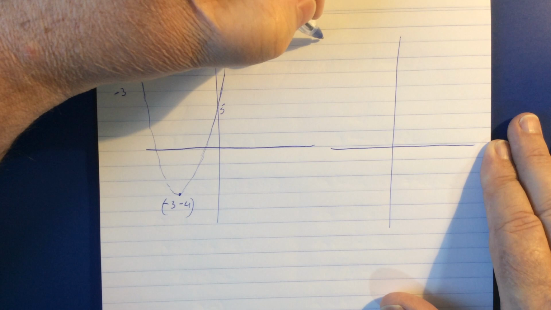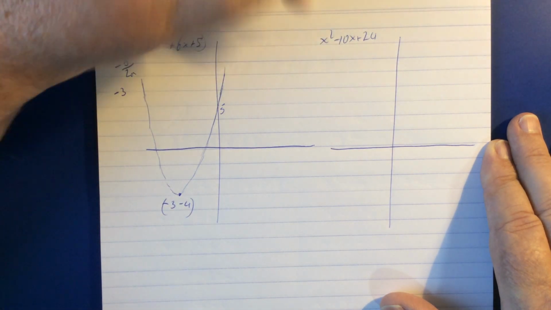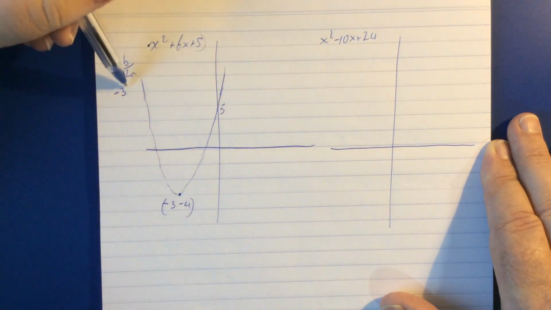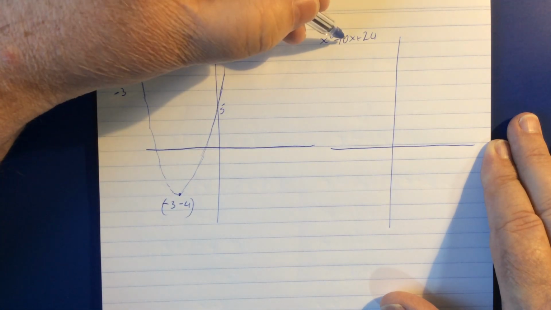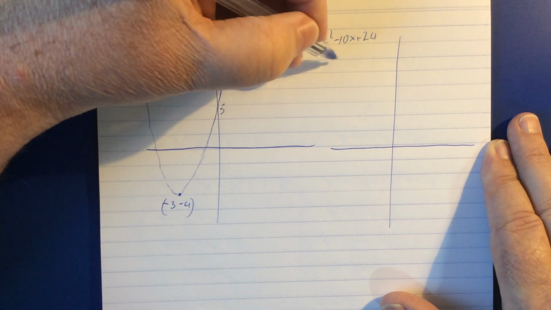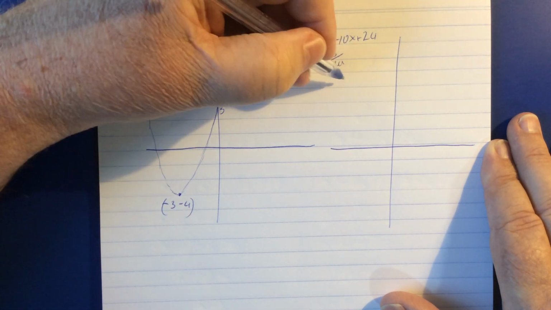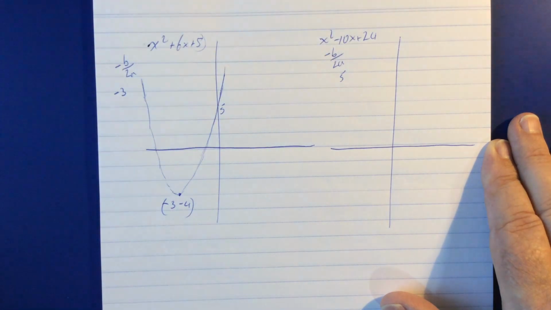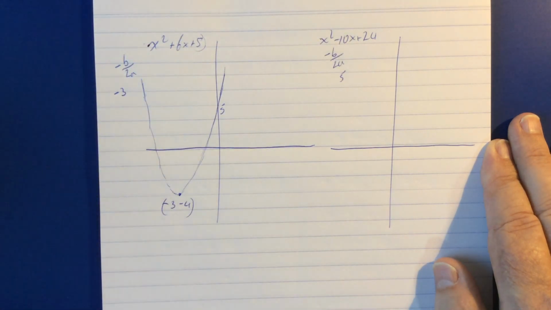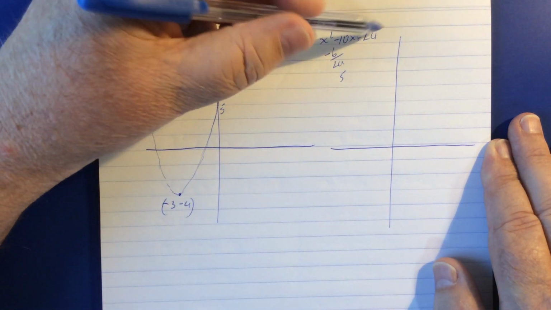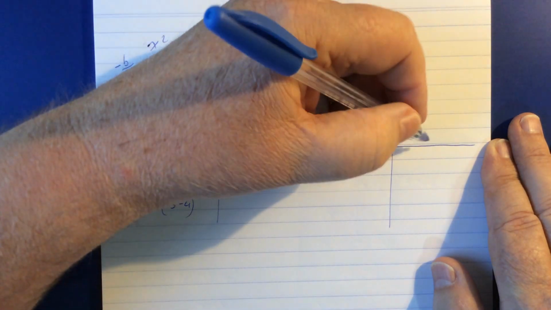Now, over here, x squared minus 10x plus 24. Again, we can use the same method to find the x value of the turning point. So it is 10 over 2, so negative b over 2a. 10 over 2 is 5. We again already know that from this information, and if we sub 5 in for x in this equation, what we get is negative 1.